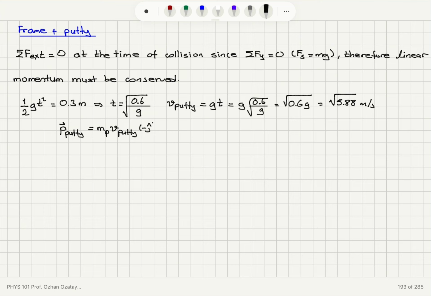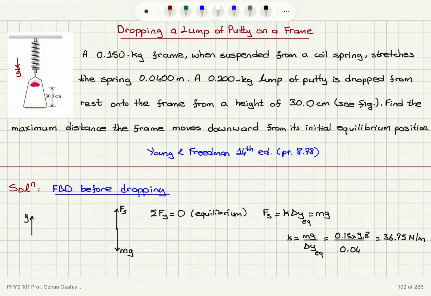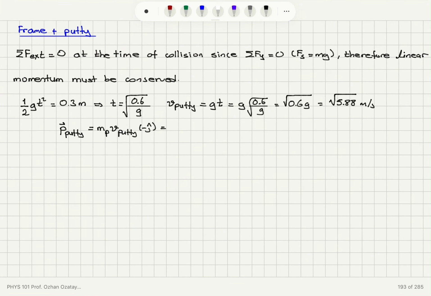It's in the minus j hat direction as it's dropping onto the frame. So what was the mass of the putty? It's 0.2 kilograms. So 0.2 times square root of 0.6 g in the minus j hat direction is the linear momentum of the putty.